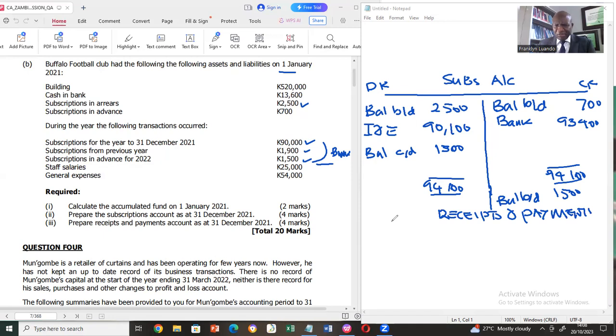Receipts and payments account. We have the opening balance, which is 13,600. This is debit because it's favorable. If there was an overdraft, it was going to be credit. The balance brought down 13,600.